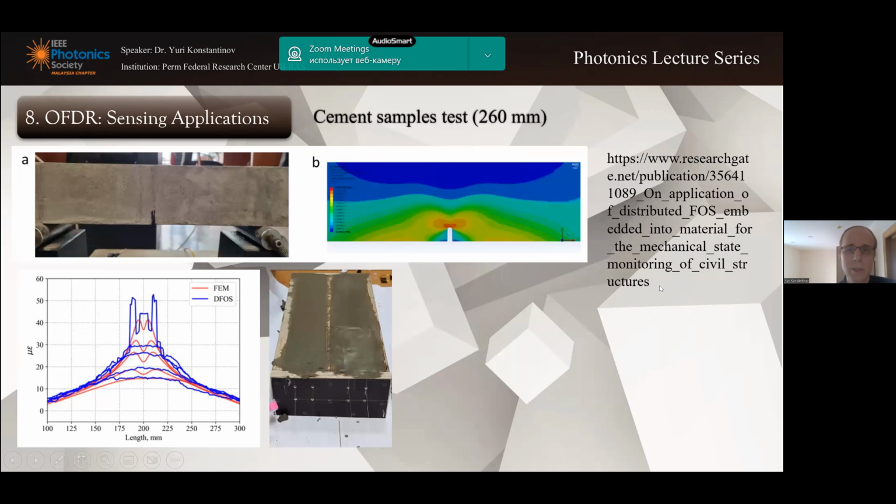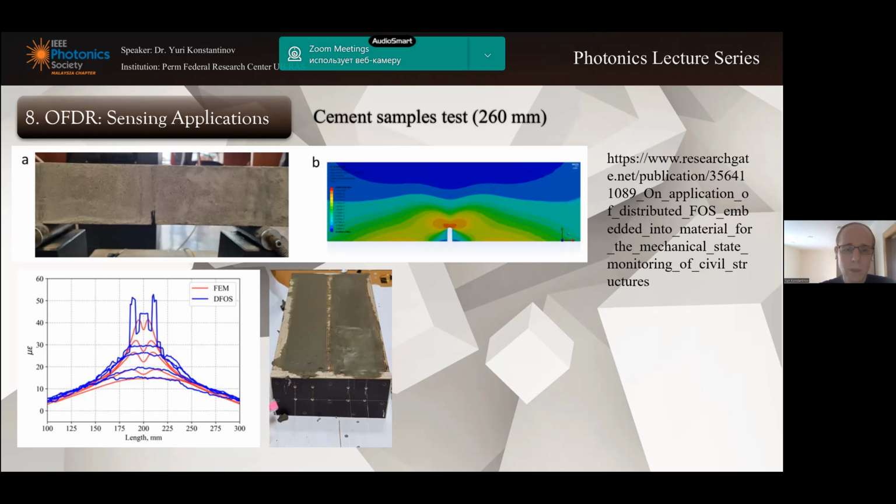Another application is cement samples test. This publication is by the research team from our center. It is the Institute of Continuous Media Mechanics, which is the division of our Federal Research Center.